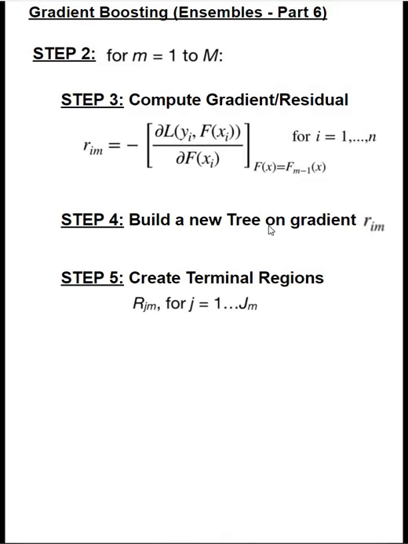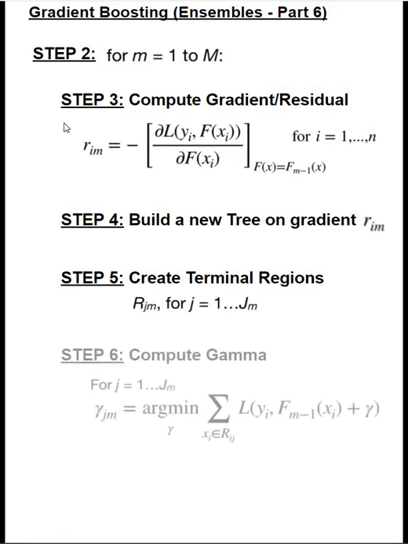The next thing we do, once the tree has been built, is look at creating something called terminal regions. We group and merge all leaf nodes under the last level node and call them terminal regions. And in step 6, we compute gamma. What we're doing is calculating the loss across all leaf nodes for the last known model.